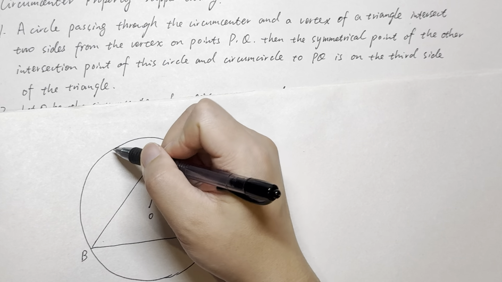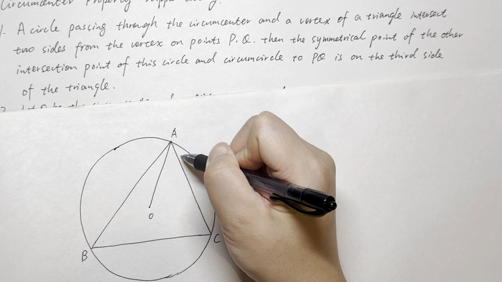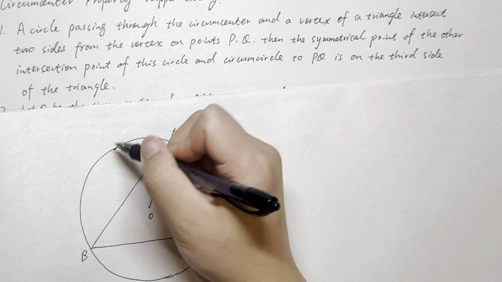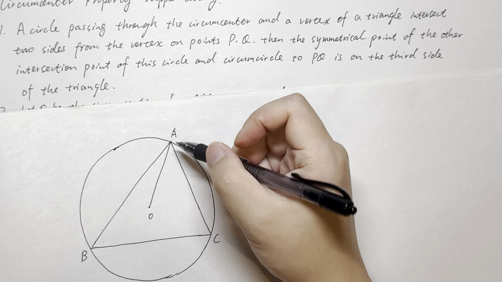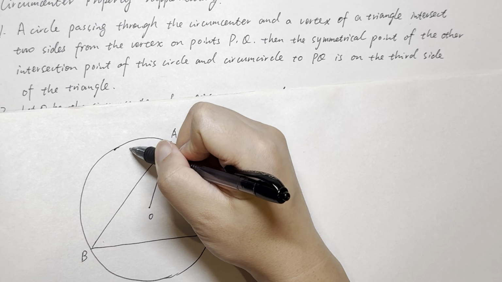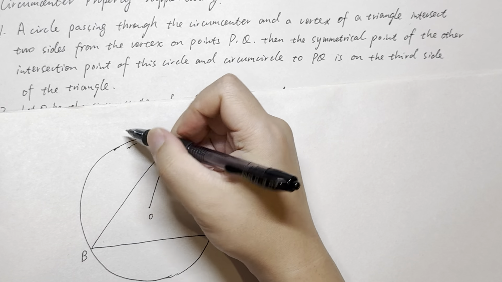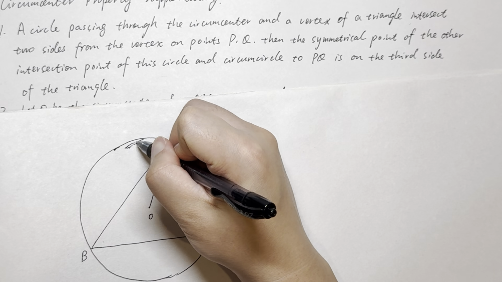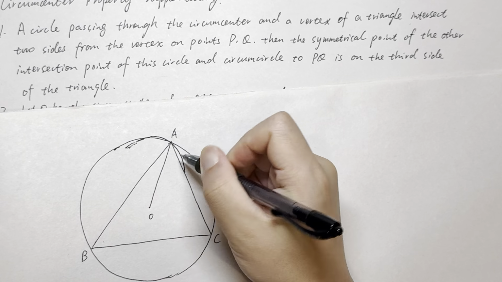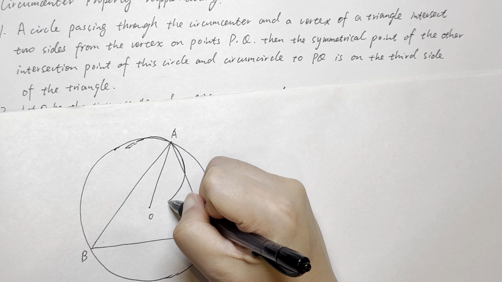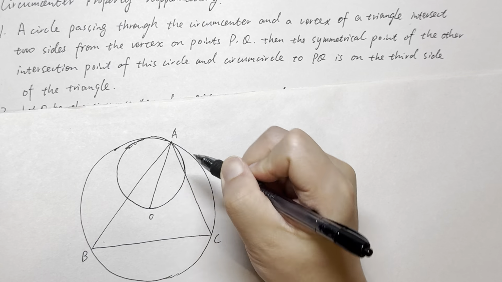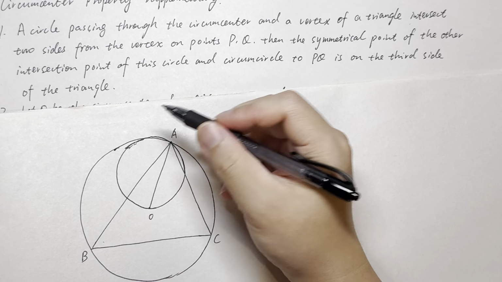So we want to draw a circle that passes through A and O, right? And also intersects AB and AC. So I'm trying to, it looks like this. Right, that's a circle.